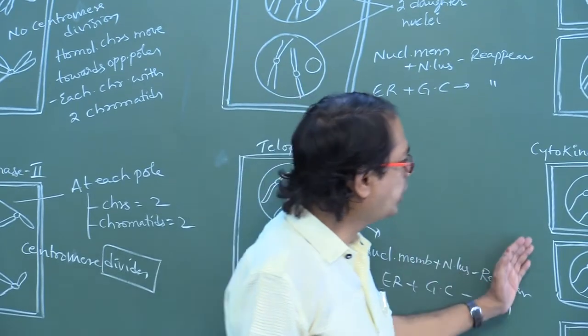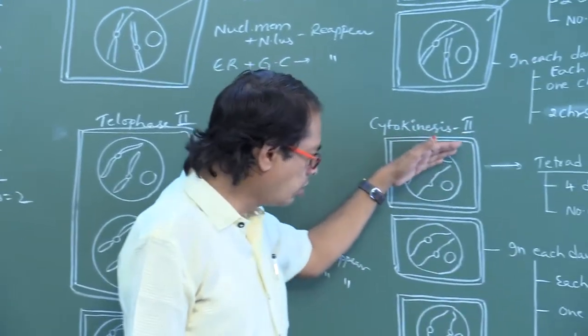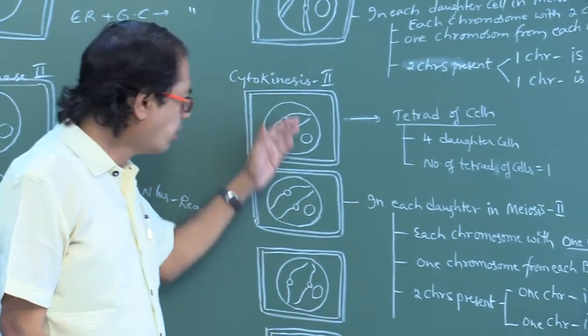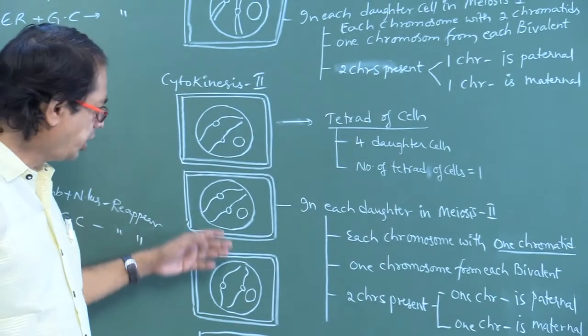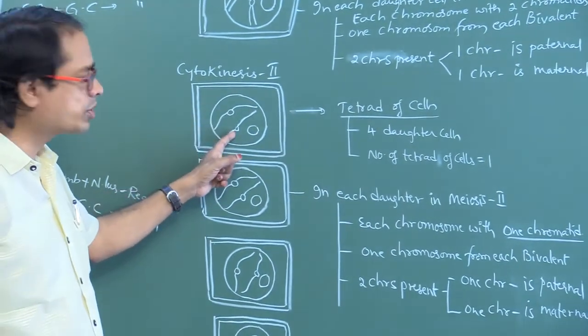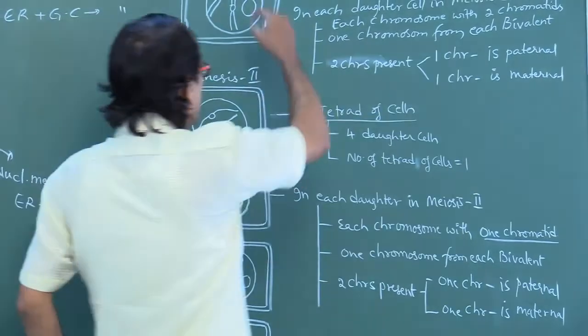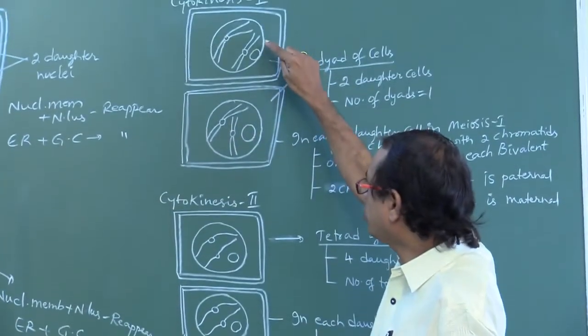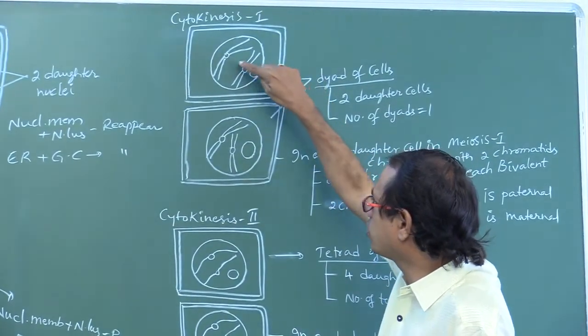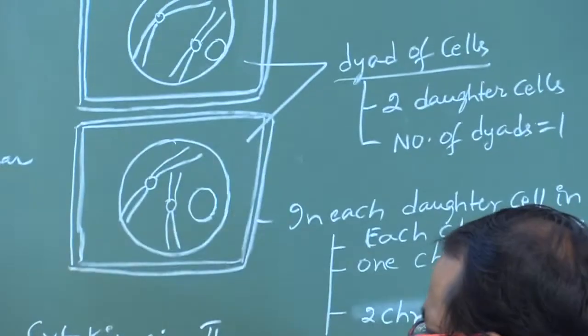At the end of meiosis 2, there is cytokinesis 2. How many daughter cells are formed? 4 daughter cells are formed. Each daughter cell has how many chromosomes? 2 chromosomes. Here also, after cytokinesis 1, each daughter cell has 2 chromosomes. Then what is the difference?